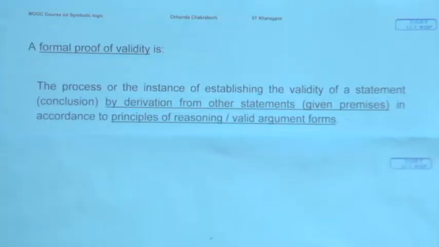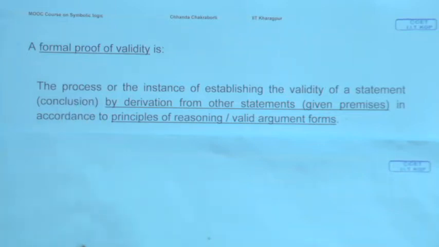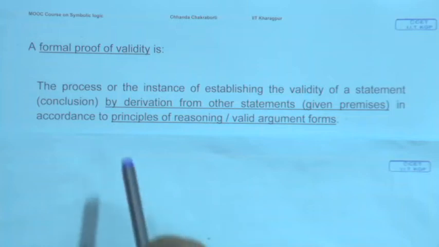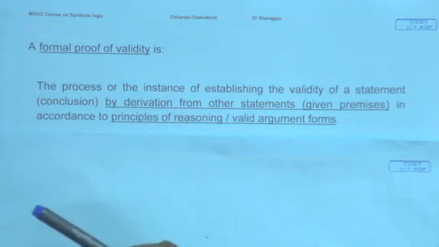So, we will try to give a definition like this. First of all, note that it is a process, a procedure, an instance where your goal is to establish the validity of an argument. How do you show that?